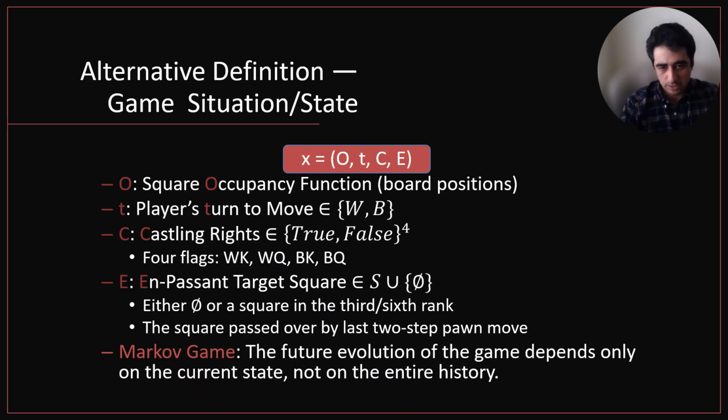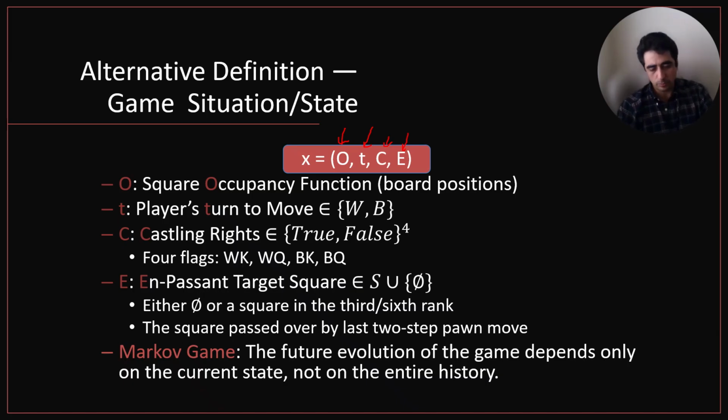It looks a little scary because it's a tuple of four elements, but if you pay a little attention you can understand them. You have O, T, C, and E. I'm going to explain each one of them briefly. What is O? O is a function. We call it a square occupancy function that shows you the position of pieces on the chessboard.